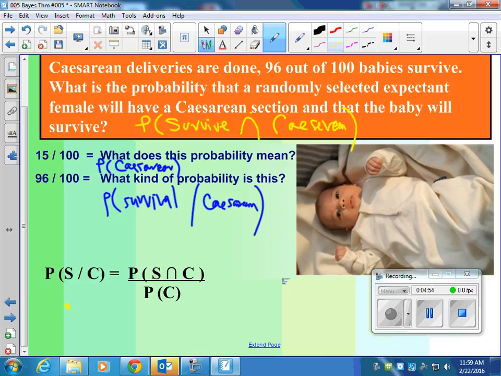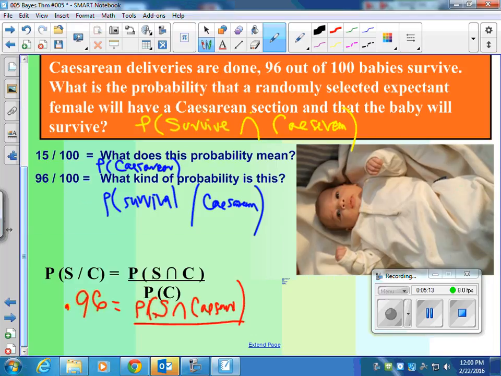This conditional here was 0.96. This is what I'm looking for: the probability of surviving babies intersecting cesarean babies, over, I think it was 0.15, right?